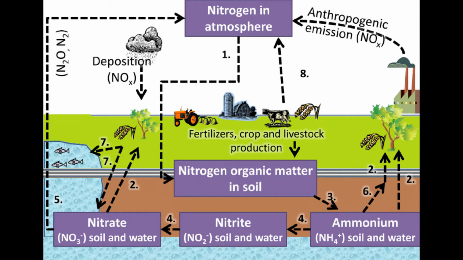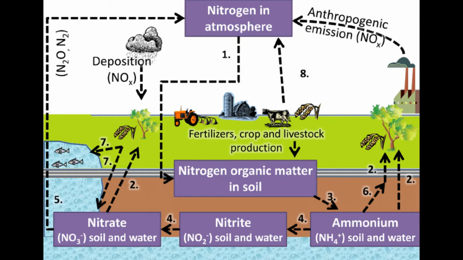Now, there's a ton of nitrogen in our atmosphere. Two nitrogen bond together and form a diatomic nitrogen, or N2, and makes up the majority of our atmosphere, about 78%. But nitrogen in this form is not readily available to plants and animals to use. It has to be changed into another more usable form.